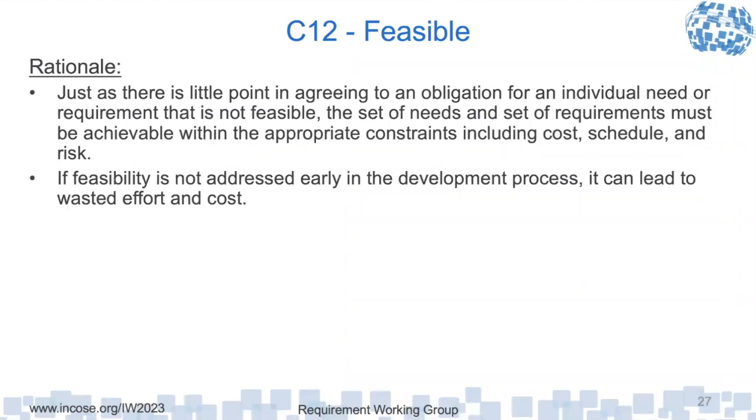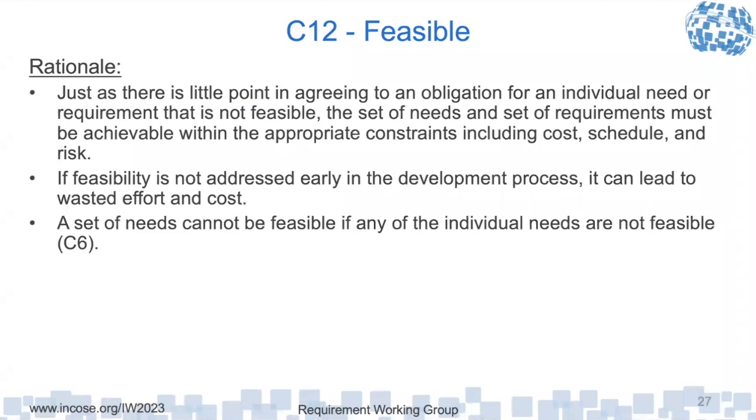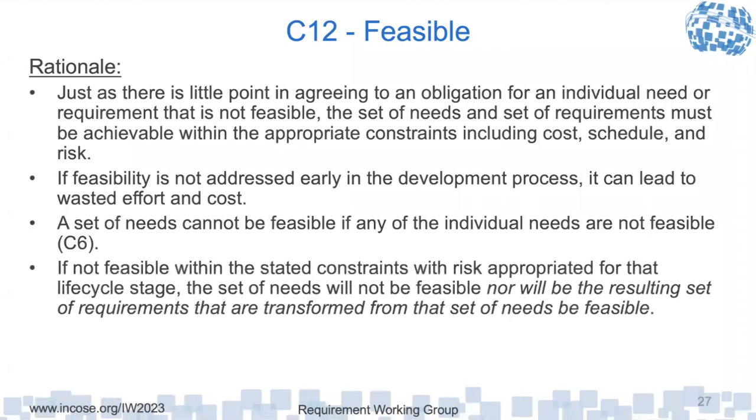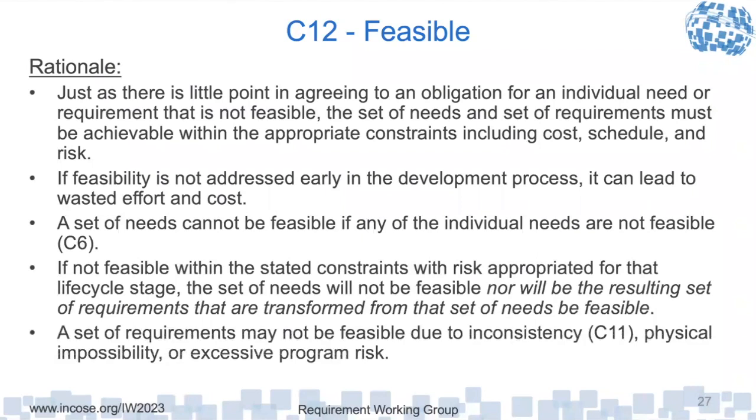So that really puts a lot of emphasis on the customer in a customer-acquirer relationship. The customer is equally responsible for doing good systems engineering as the supplier is. A set of needs needs to be feasible. If it is not feasible within the constraints, with risk appropriate for that life cycle, the set of needs will not be feasible, nor will the resulting set of requirements that transforms those needs.